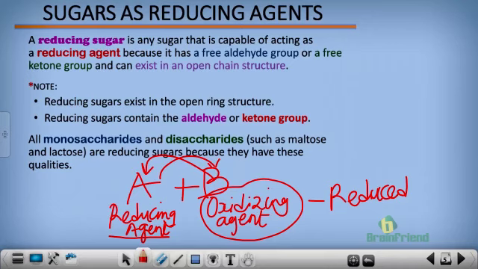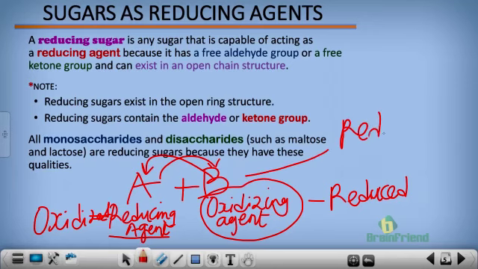So it ultimately tells us that reducing agents in every reaction are oxidized. This is the concept behind what we call redox reactions, with RED meaning reduction and OX standing for oxidation.